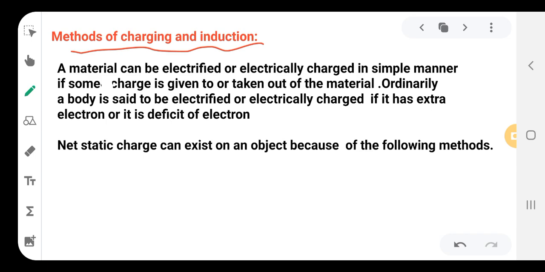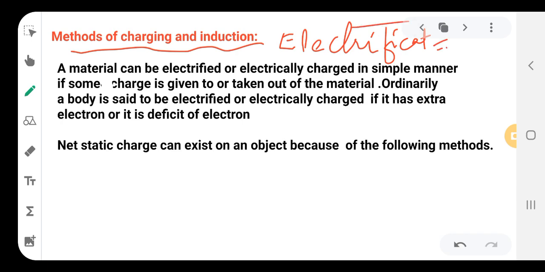Now, methods of charging. A material can be electrified in three ways: charging by conduction, charging by friction, and charging by induction. We also call this electrification.